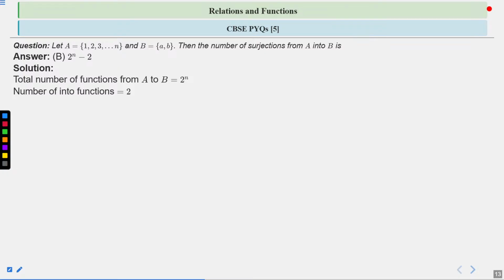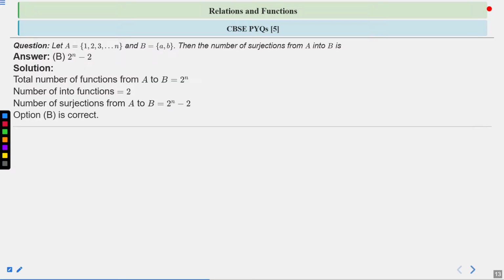So if we have a total of 2 to the power n functions and the number of into functions is 2, then the number of surjections, that is onto functions from A to B, will be the total number of functions minus the number of into functions, that is 2 to the power n minus 2. Therefore option B should be correct.